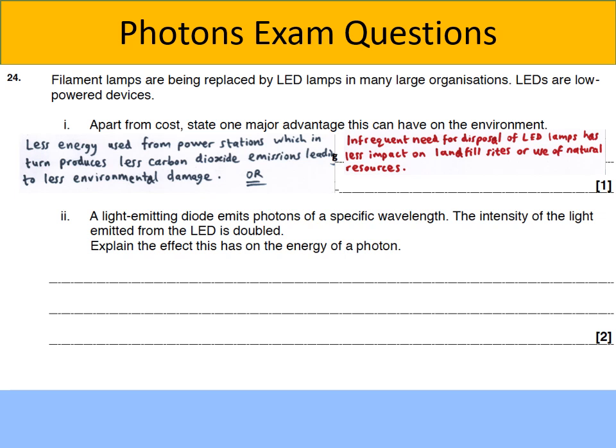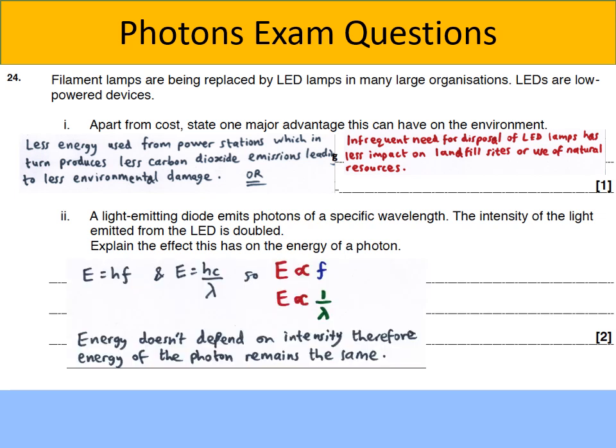For part 2, a light emitting diode emits photons of a specific wavelength. The intensity of the light emitted from the LED is doubled. Explain the effect this has on the energy of a photon. We've already looked at what changing the intensity of light has on the energy of a photon, which is none.